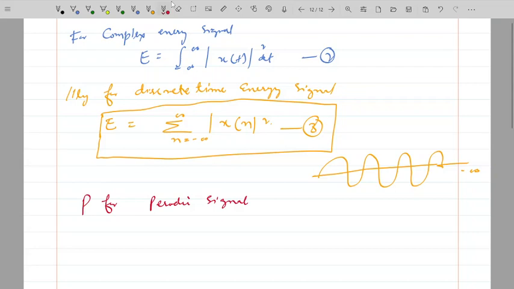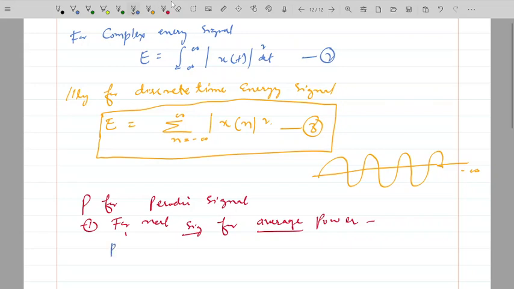So first, for the real signal, the average power. In the first equation we found the energy for the real energy signal. Here we are finding the power signal, the average power.